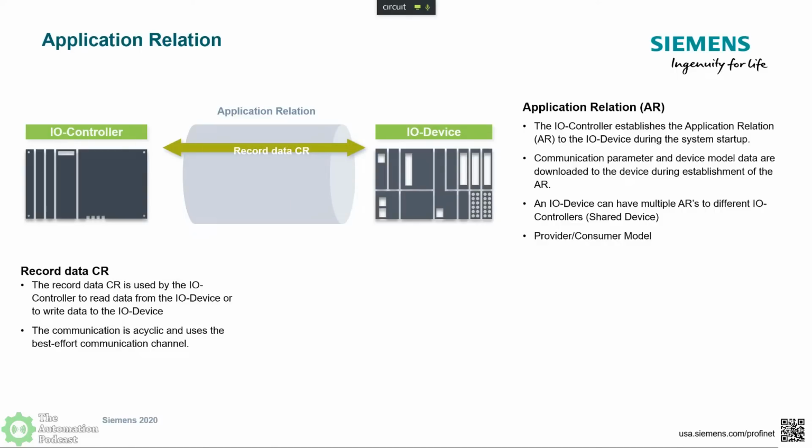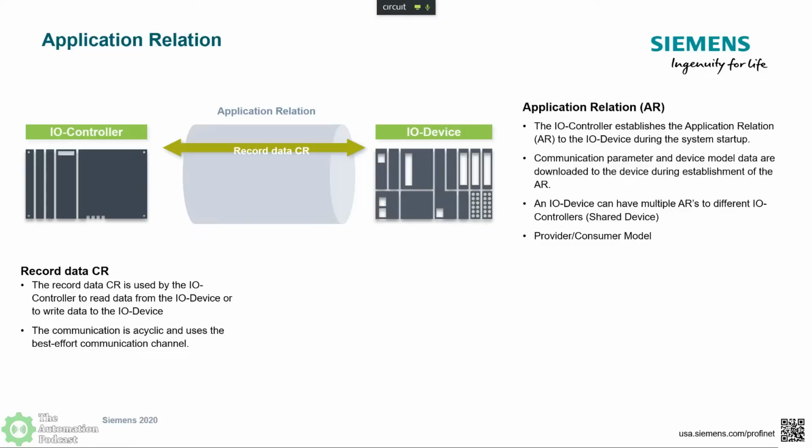So within an application relation, we have various communication relations. One communication relation is the record data communication relation. The record data communication relation is used by the I/O controller to read and write data records for parameterization or read diagnostic data from the device.